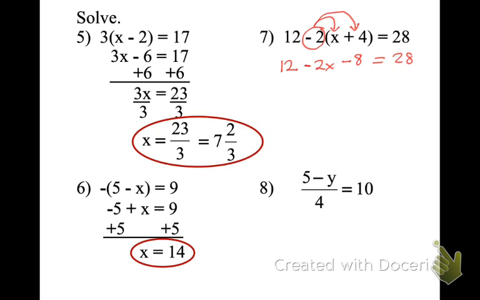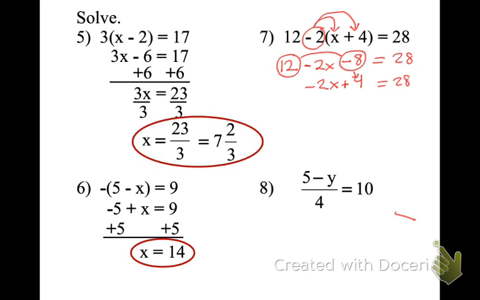Now, we're going to combine, put all the numbers in a pile. 12 minus 8, they go in the same pile because there's no variable, is 4. Negative 2x plus 4, right? These two made 4, equals 28.